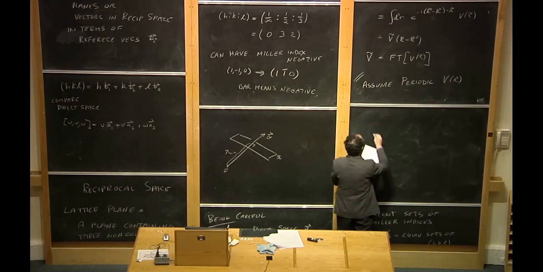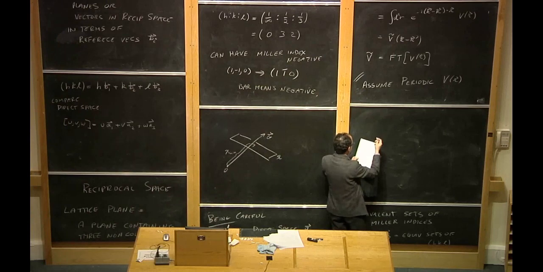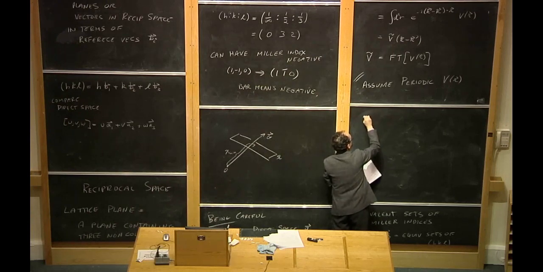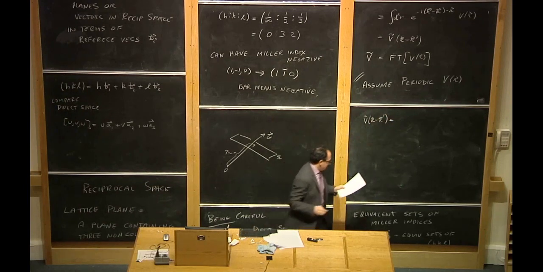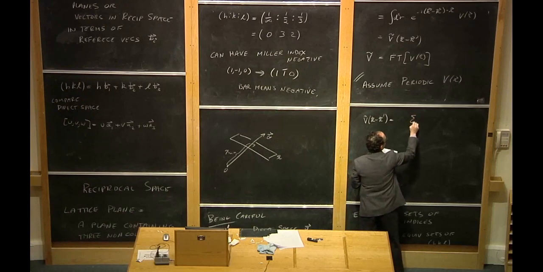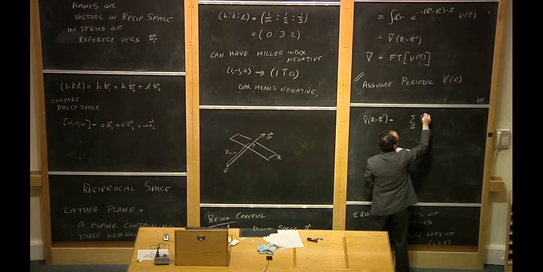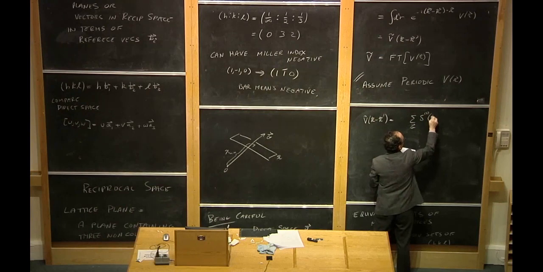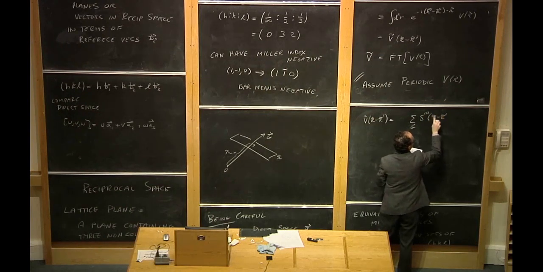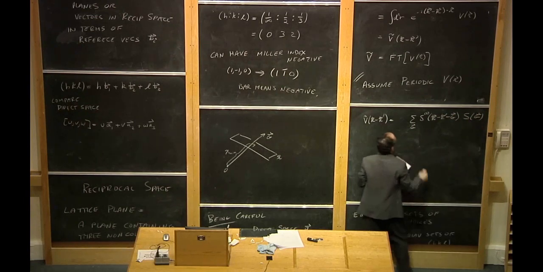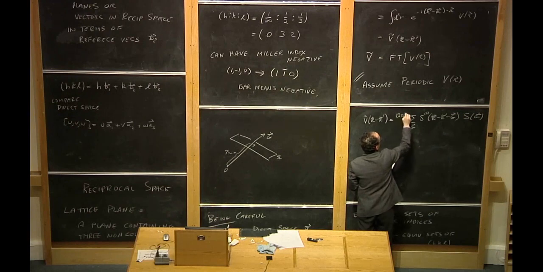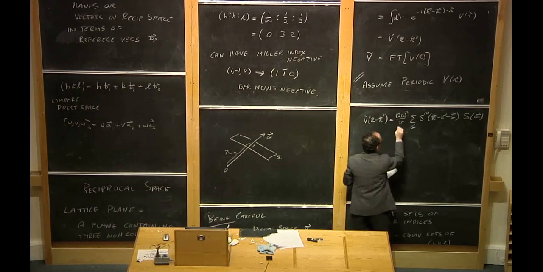And so we can use the law that we derived in the last lecture: the Fourier transform of a periodic potential, at k minus k prime, equals a sum over reciprocal lattice vectors g of a three-dimensional delta function of k minus k prime minus g, times the structure factor of g. There's some normalization factor, 2 pi cubed over the volume of the unit cell.